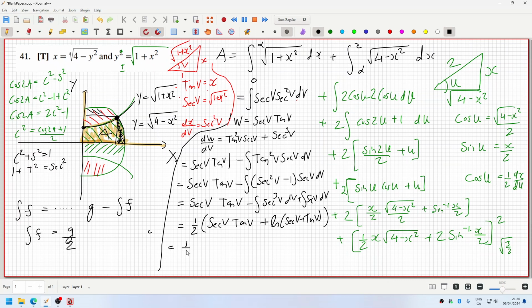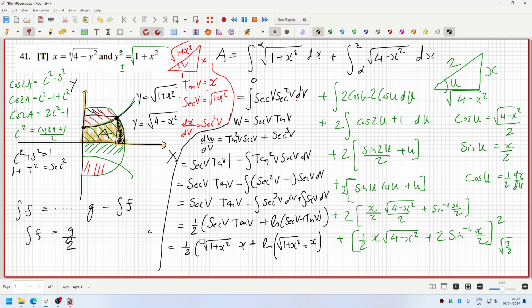So that's a half, and sec v is root 1 plus x squared. Tan v is x, and log sec v is root 1 plus x squared, and tan v is x.